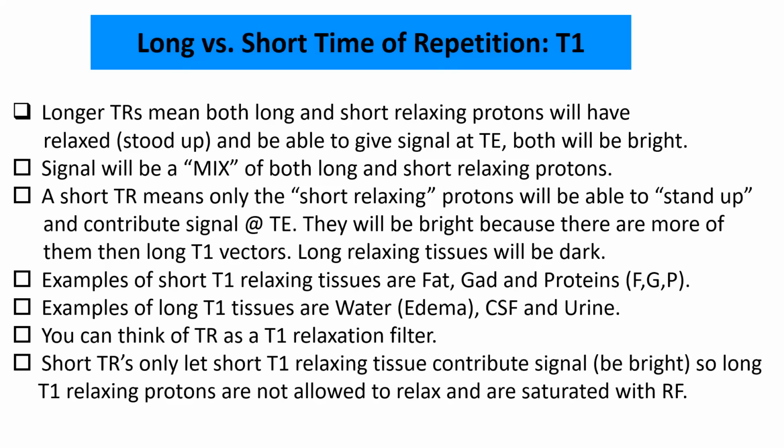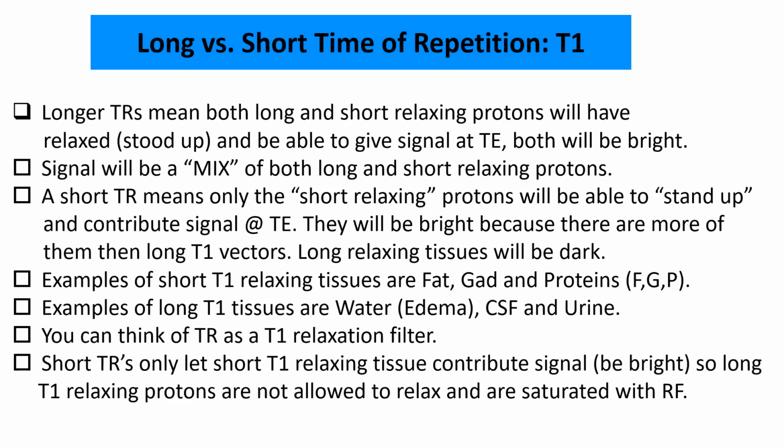Remember, tissue needs to T1 relax to be ready for the next TR. So a short TR means that short relaxing tissues have been knocked down and have been able to stand up and can contribute signal at TE.